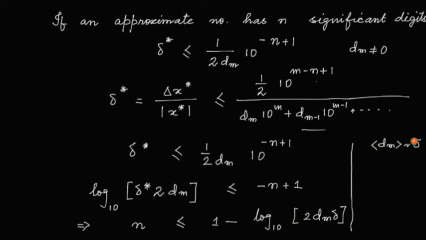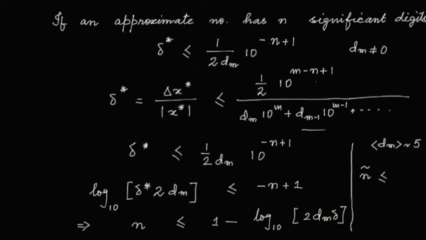So then n is less than or equal to 1 minus, so 2 into average dm. Let me put a tilde over here, so this is a kind of estimate of n, or you can say rough number of significant digits. It can go up by 1, but roughly I want to know. So that is n tilde.